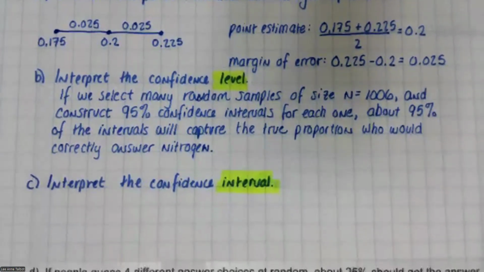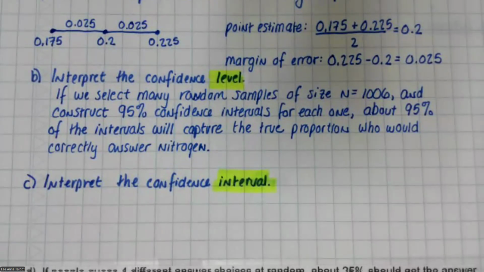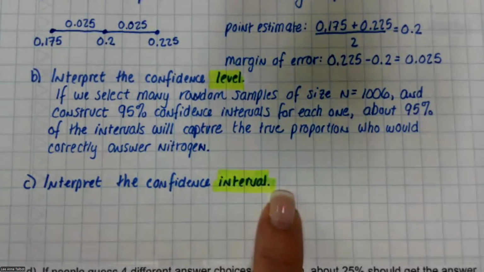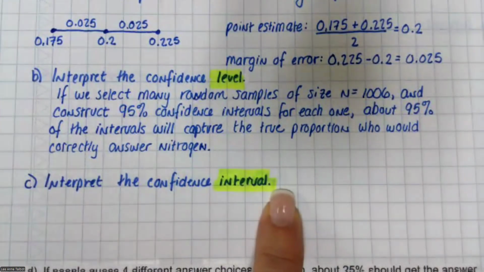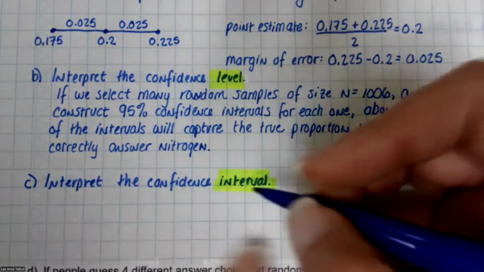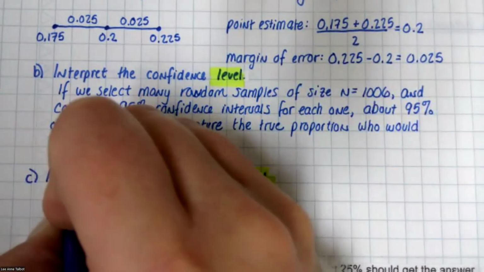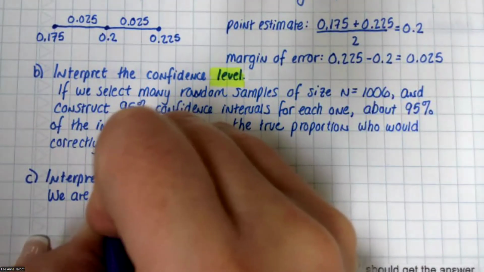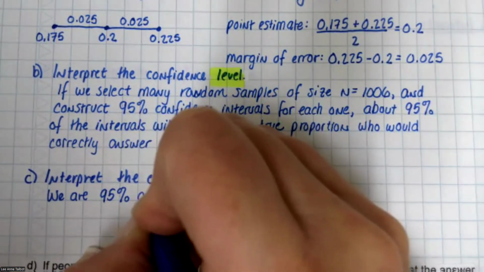Okay. Two more things, so we're done. Interpret the confidence interval. This is the one that I think you're going to write so many times that you're not going to need to worry about memorizing. We are 95% confident.